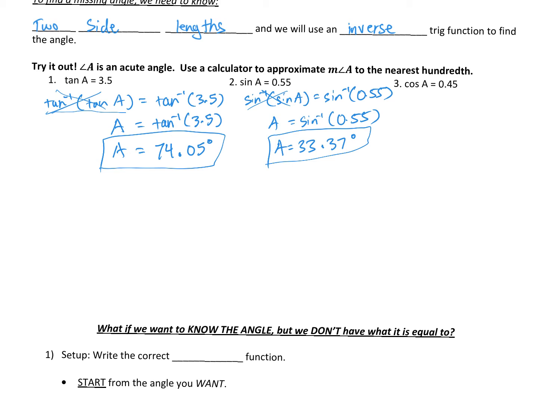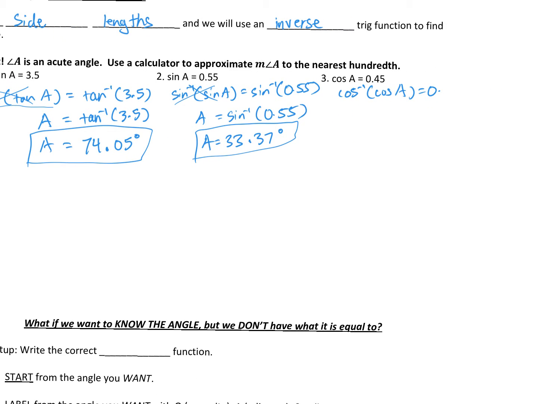Number 3, once again, we got cosine, so we want the inverse cosine of cosine of A equals the inverse cosine of 0.45. This cancels out my cosine, so A equals the inverse cosine of 0.45. We punch that into our calculator. A should be 63.26 degrees.